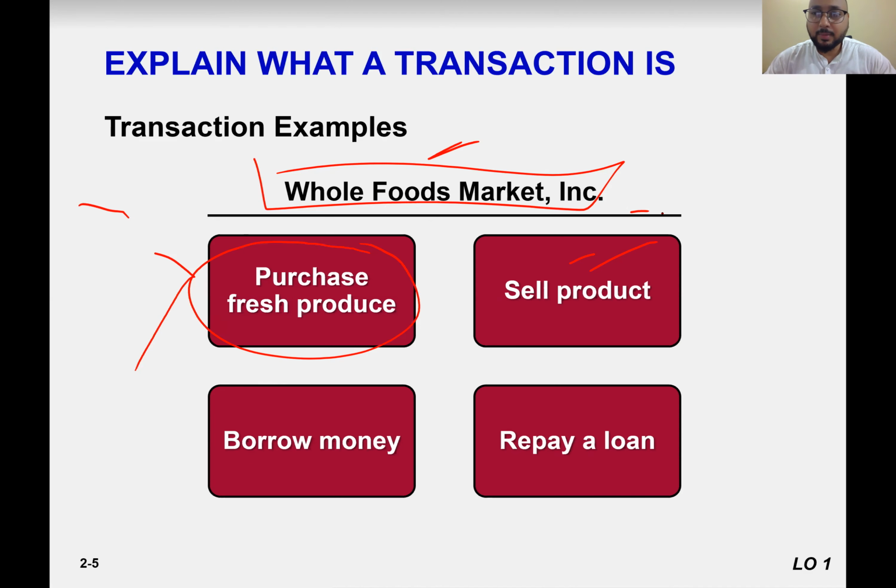What about the other side? You increase your liability, right? So recall your discussion regarding liability. Liability means outsiders' claim, right? So the equation is assets equal liabilities plus owner's equity.